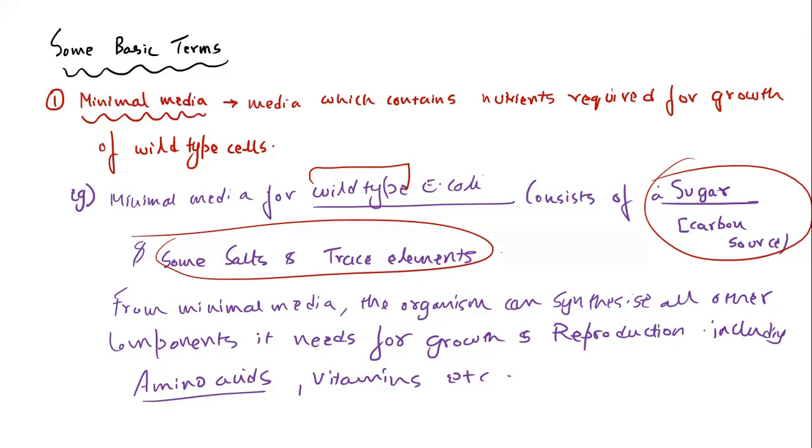The rest the bacterium can synthesize because it is not a mutant, because it is wild type.